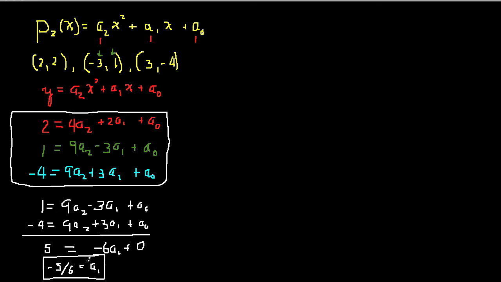Okay, now let me solve for another one, and let me take the blue equation and subtract the red equation from it. So the blue equation looks like negative 4 is equal to 9a2 plus 3a1 plus a0.